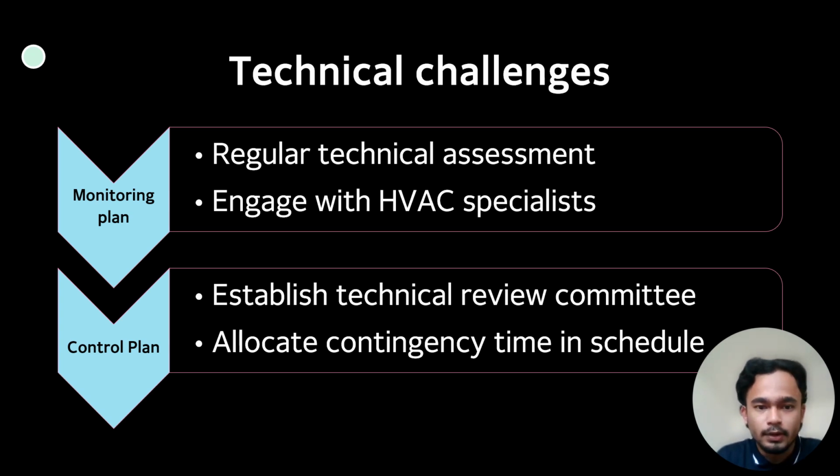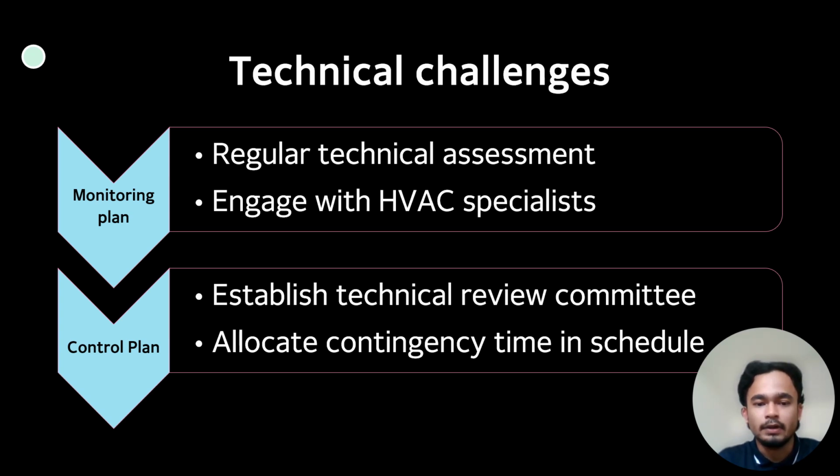For the monitoring plan, the first thing that we can do is regular technical assessment, and then engage with HVAC specialists. For the control plan, we will establish a technical review committee, which will handle any issues regarding technical matters and also the engagement with the HVAC specialists.